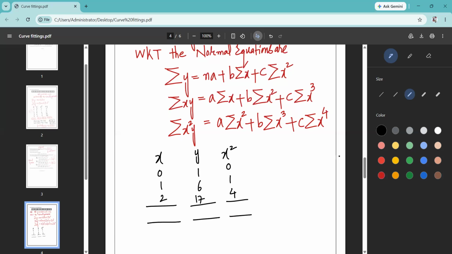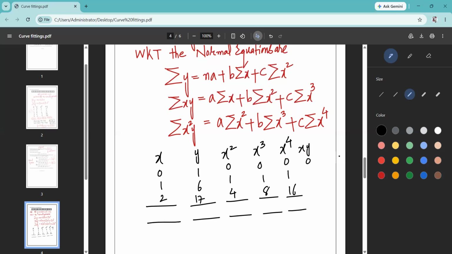This sum also we require. Then x cube: 0, 1, 8. This sum also. Then x to the power of 4: 0, 1, 16. This sum also we require.